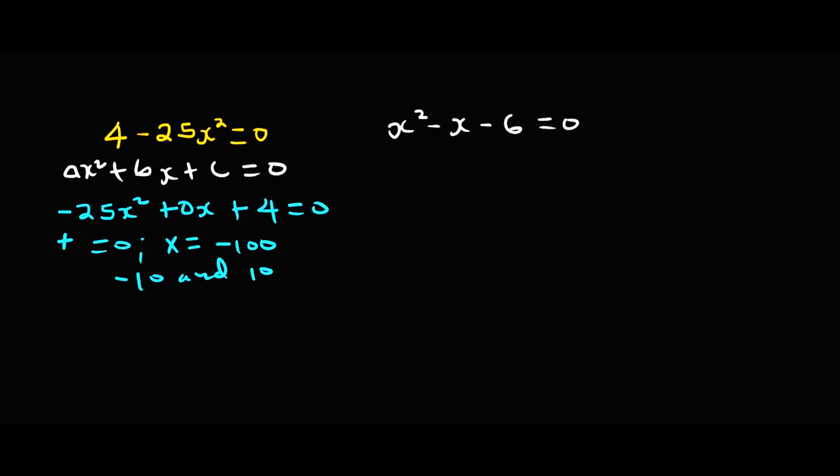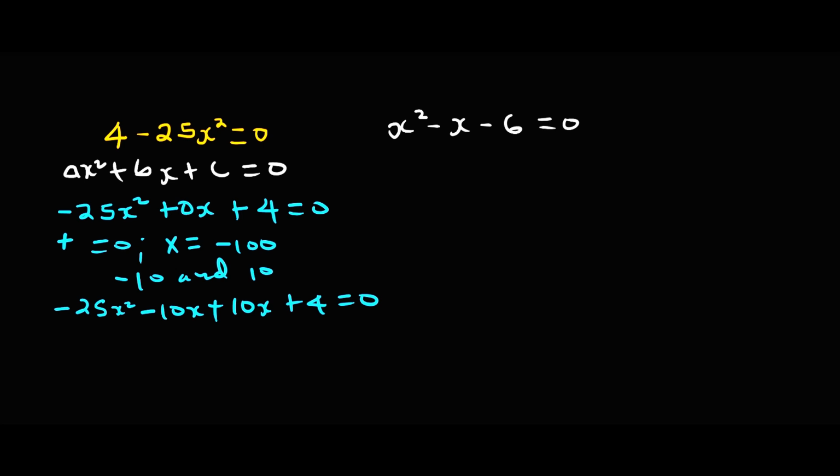The next thing is just to split b into these two numbers. So we're going to have minus 25x squared minus 10x plus 10x plus 4 is equal to 0. Let us look for the common factor between these first two terms.